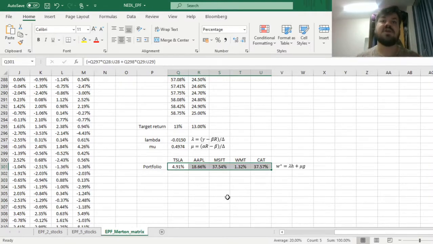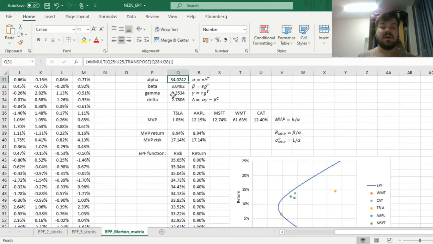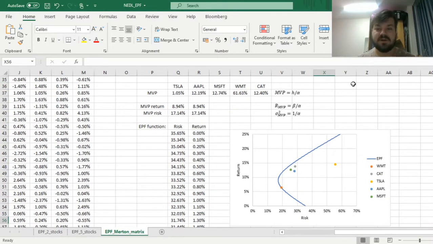And that's actually why the matrix framework developed by Merton is so useful. First of all, you can derive 4 constants that characterize the investable universe uniquely. They define this pretty curve, the efficient portfolio frontier, and you don't even have to look at all the combinations of the stocks that are possible.